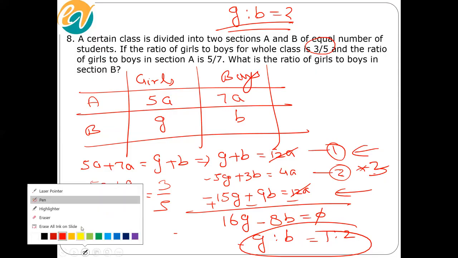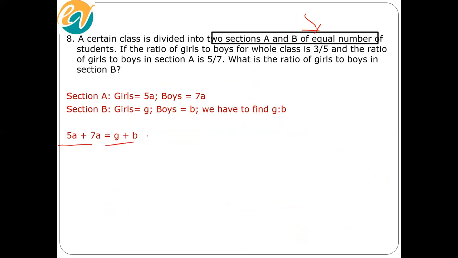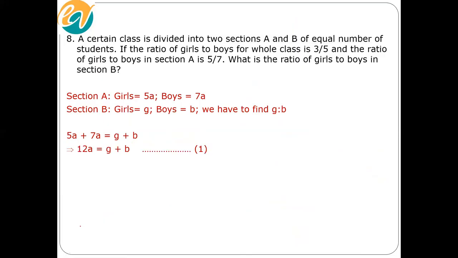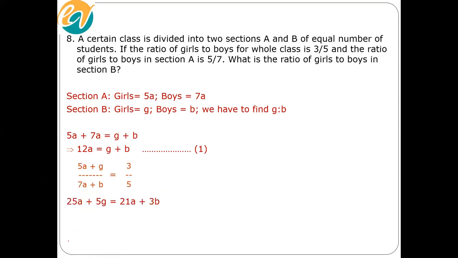Any doubt, guys? So this is exactly what I have done, right? Since they have equal number of students, so both sections have equal number of students. So that's how I formed the first equation. And then ratio of girls is to boys for the whole class is 3 is to 5. That's how we've constructed this equation. So these are the two equations.